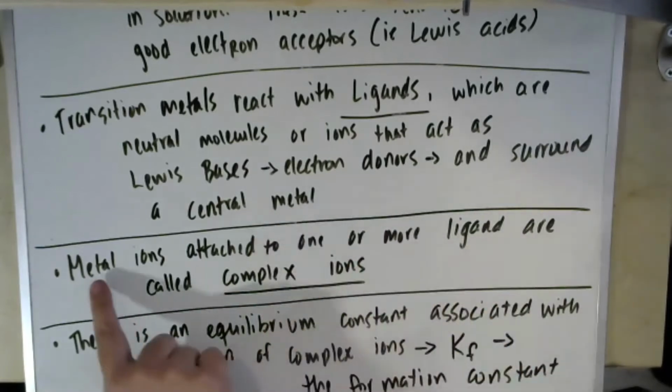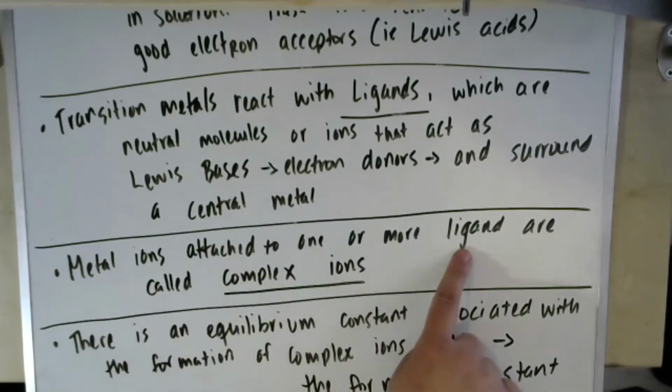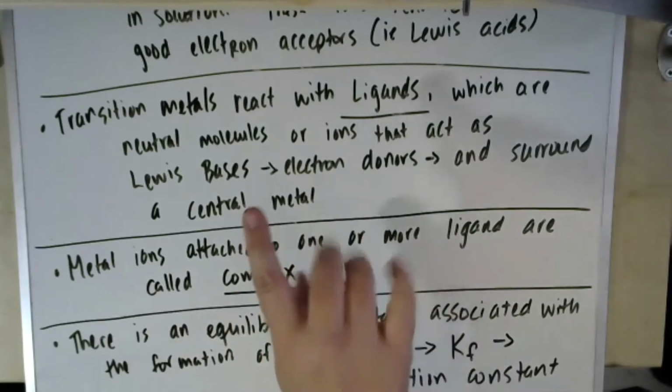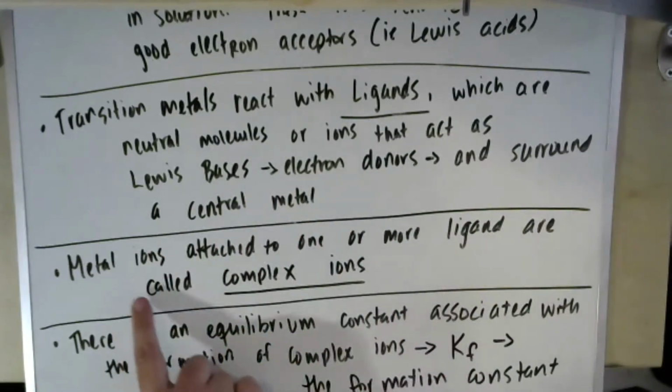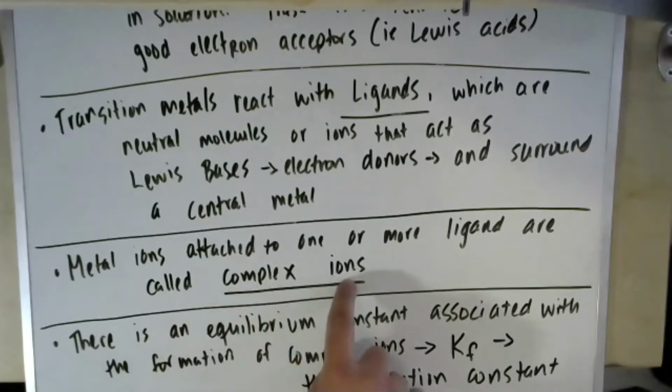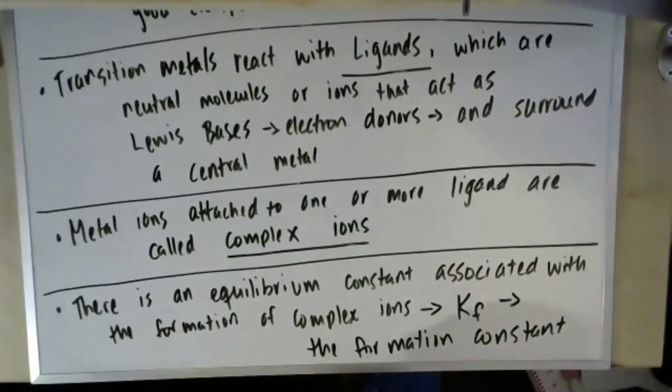And whenever you have a metal ion that's attached to one or more of these ligands, so the metal ion is going to have one or more of the ligands surrounding it, these new ions are called complex ions. Right? Now, what we're concerned with right now is what's called the formation constant of the complex ions.